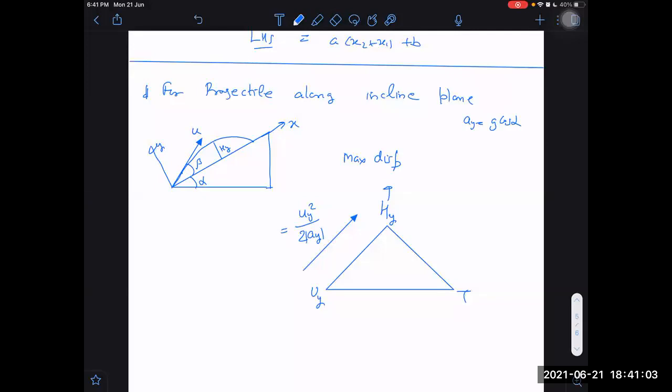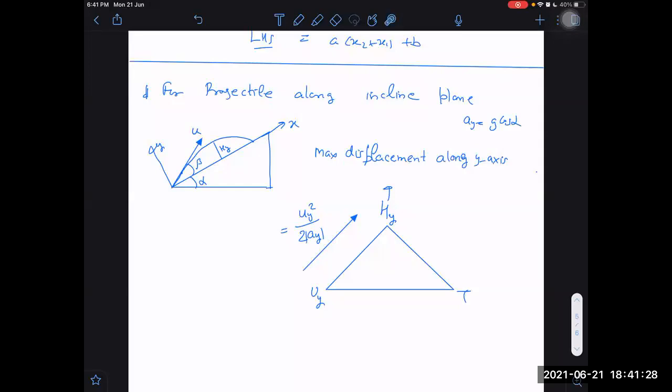Now, what does Hy represent here? Hy simply represents the maximum displacement along the y-axis. When will the displacement along the y-axis be maximum? It will be maximum when Vy is 0. Yes, exactly right.